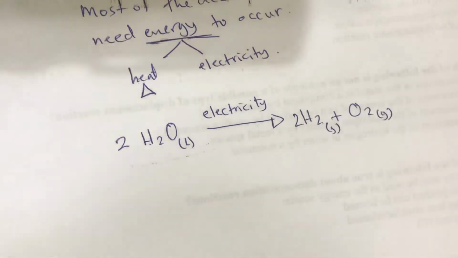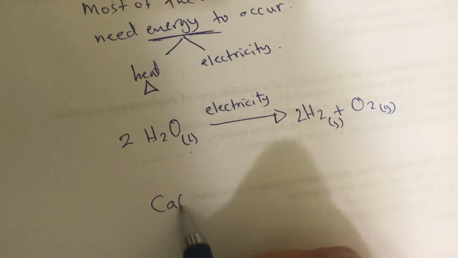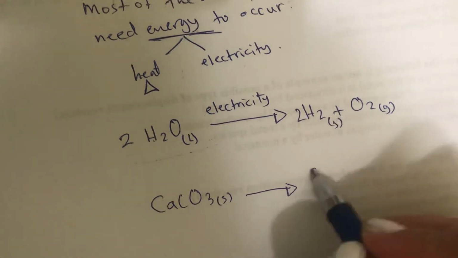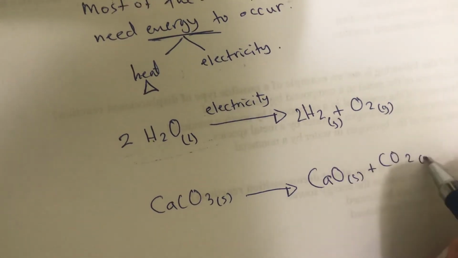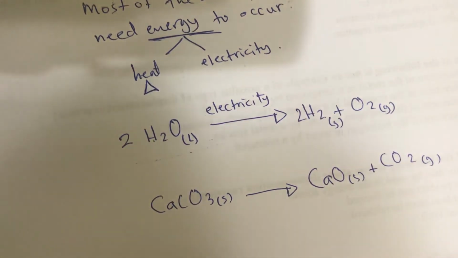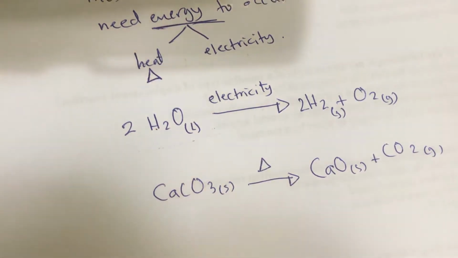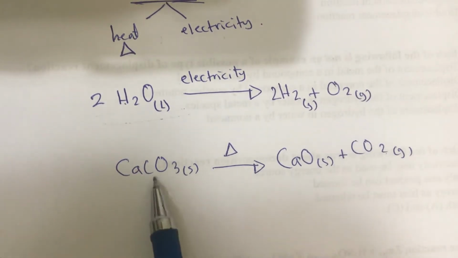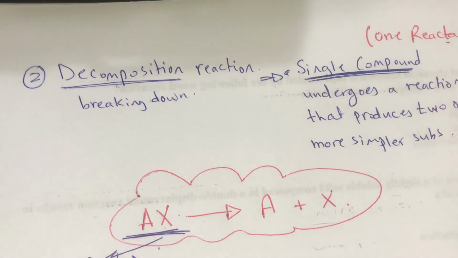Another example: calcium carbonate decomposed to calcium oxide and carbon dioxide gas. And this reaction needs energy as heat to occur. So again, in this equation, you have one reactant. One reactant means decomposition reaction.